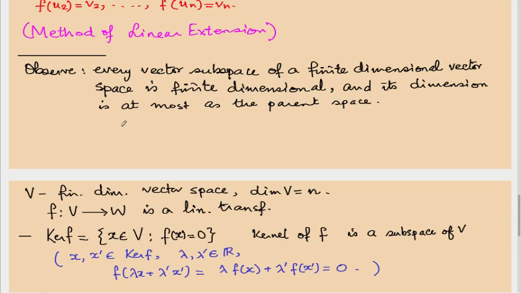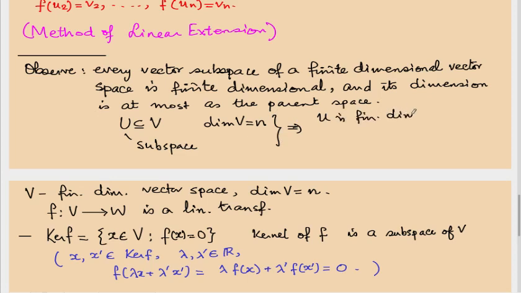So if I have a vector space, dimension of V is n, and this is a subspace U, so this tells me U is finite dimensional and dimension of U is less than or equal to n.